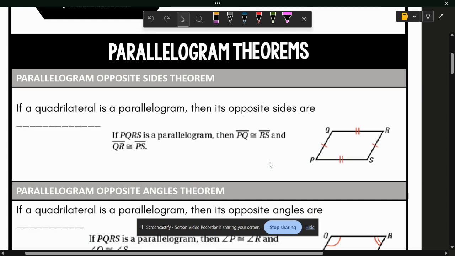A parallelogram is a four-sided figure that has each side parallel to another opposite side. If a quadrilateral is a parallelogram, speaking of which, four sides means quadrilateral, then its opposite sides are also congruent.